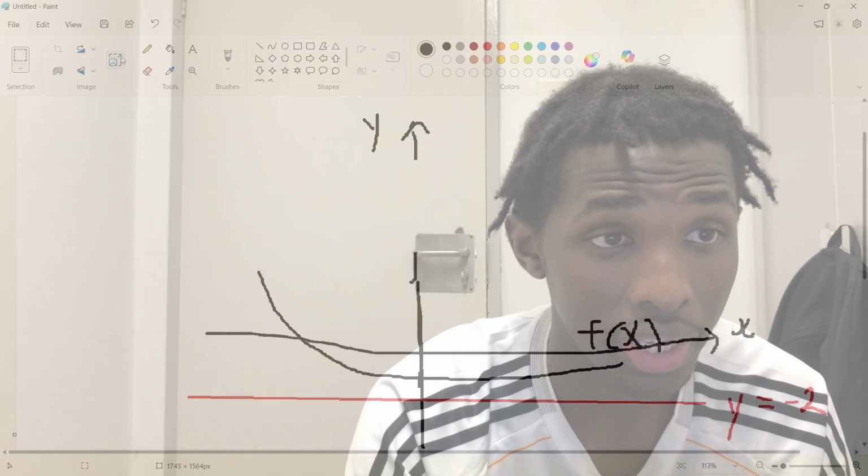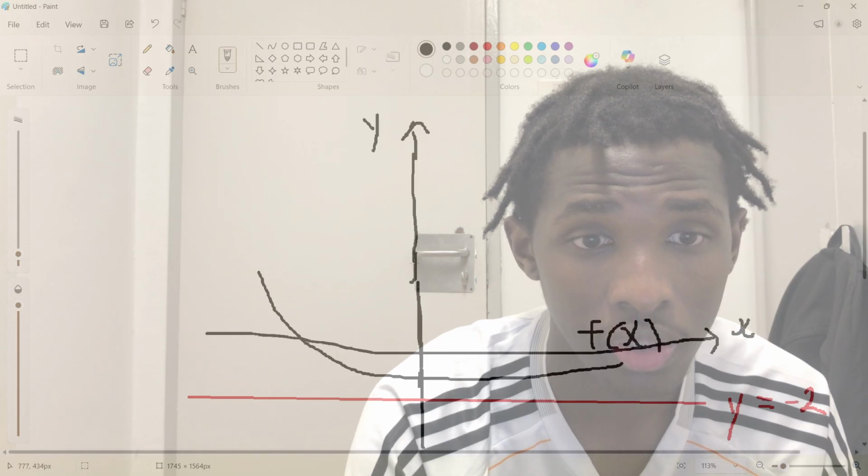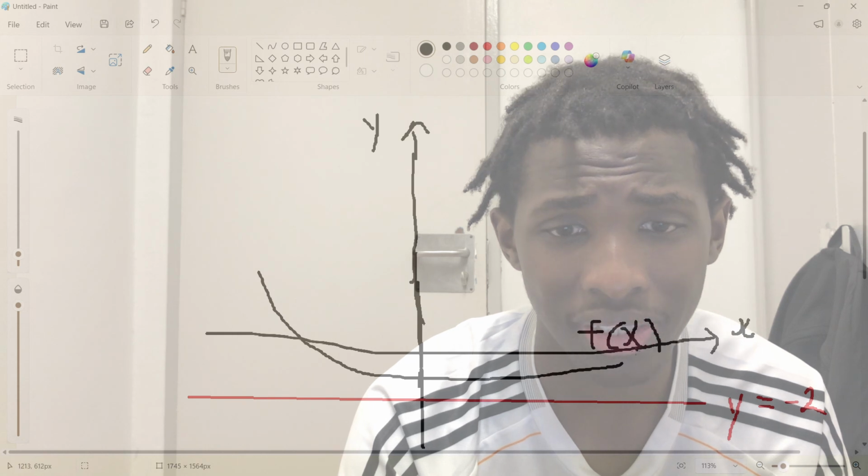Okay guys, forgive me, this is just so messy. You try to take shortcuts, but it goes something like this, guys.